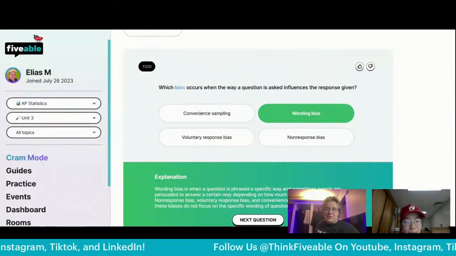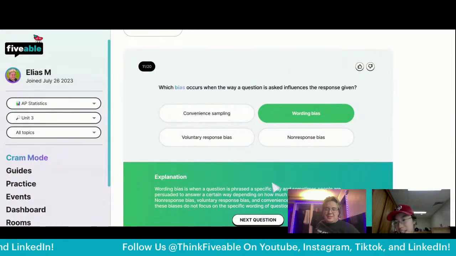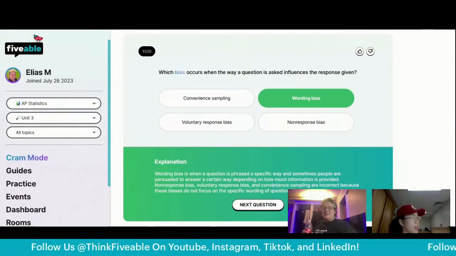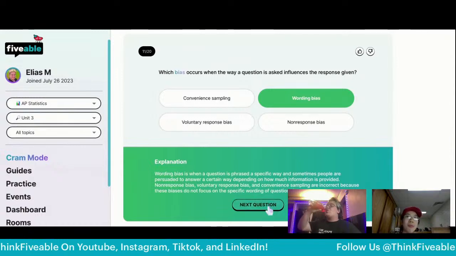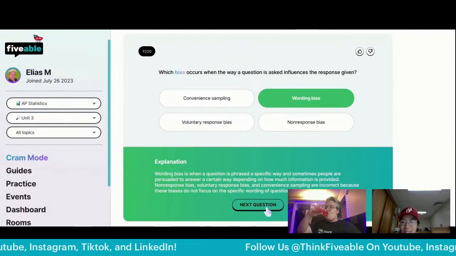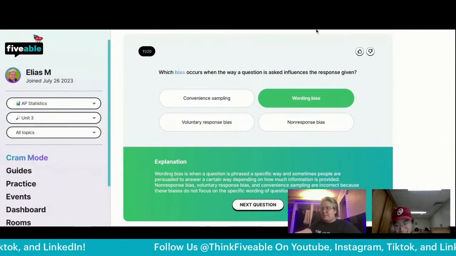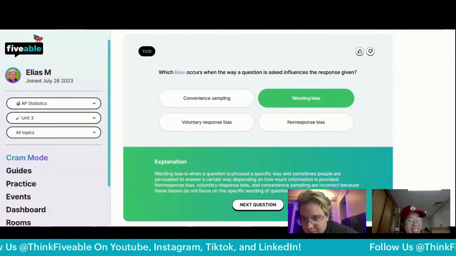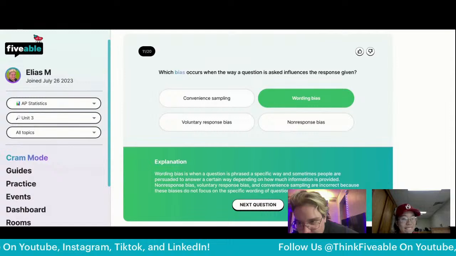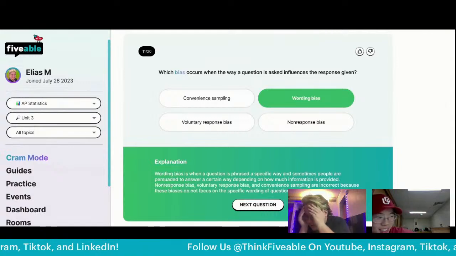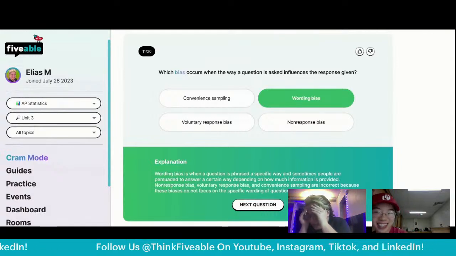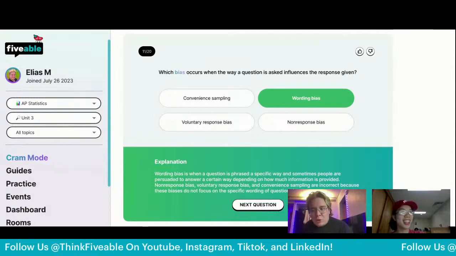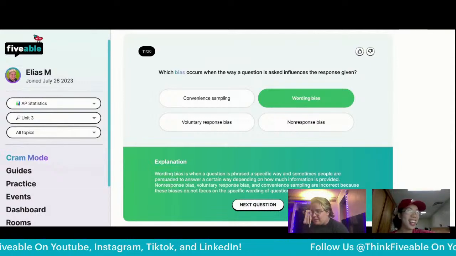It's basically when you're creating a bunch of leading questions on a survey. Like, make people feel guilty for answering the opposite thing that you're trying to find. You're not supposed to do that? Well, if you want positive results instead of accurate results, then I guess go ahead. That's what the CIA told me to do. God.